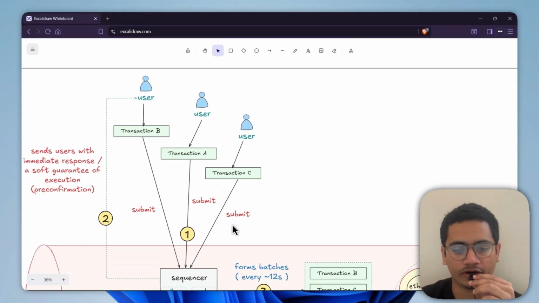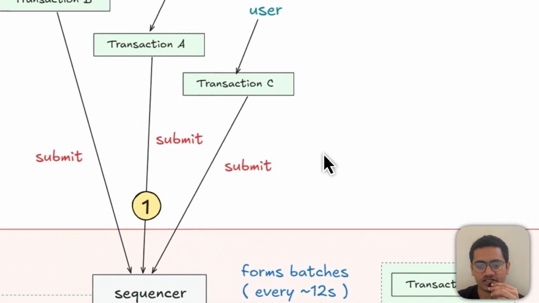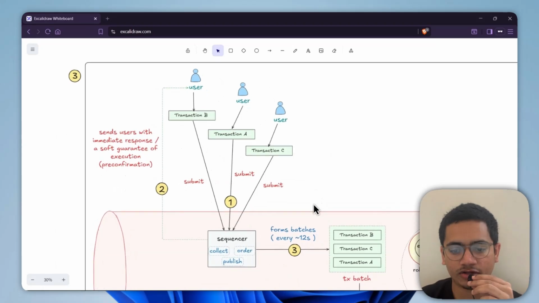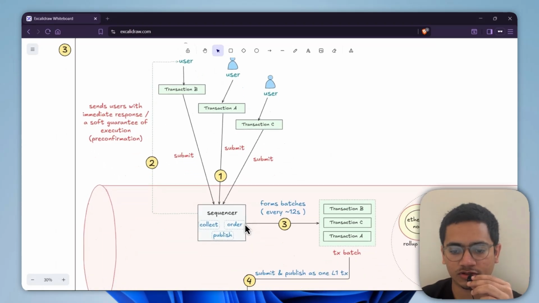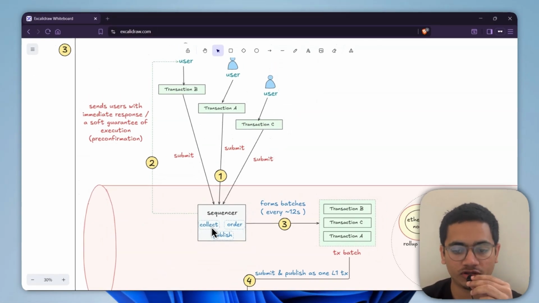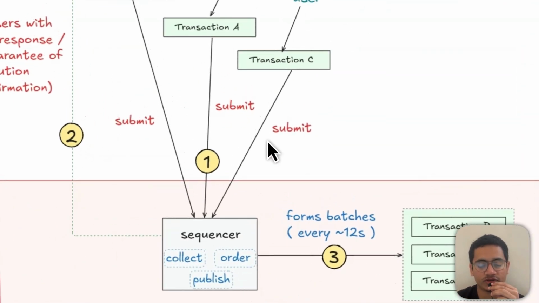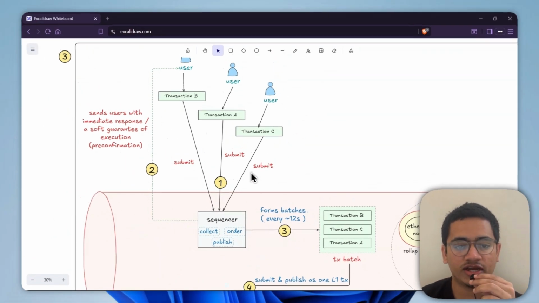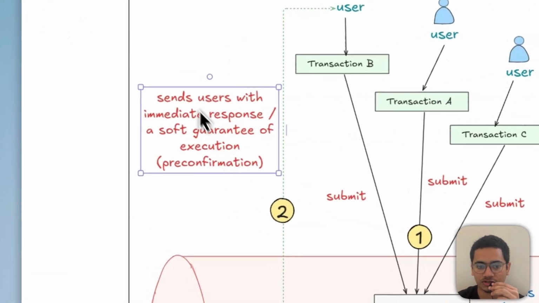Coming back to the point, the transactions are submitted to an actor in the rollup called the sequencer. The job of the sequencer is to collect transactions, order them, and publish the transactions to the Ethereum layer 1 chain. As soon as the sequencer receives the transactions, it sends the user something called a pre-confirmation.